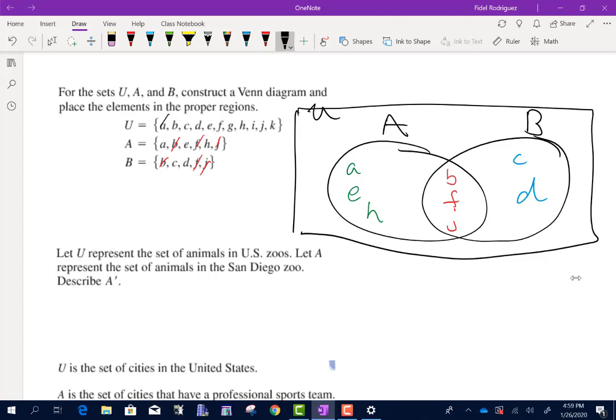We've used the letter A, B, C, D, E, and F. We have not used G, so G will be somewhere right there. Now we used it. H we've already used. I we have not used yet. There's I. We have already used J, but we have not used the letter K. And there we go. Okay.